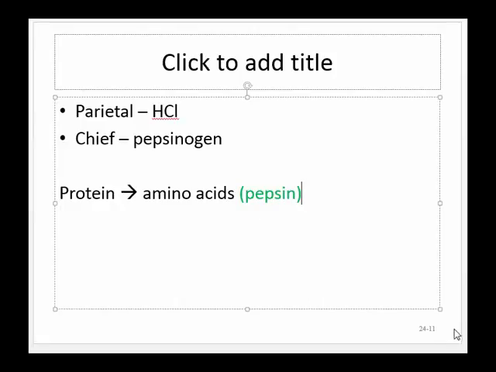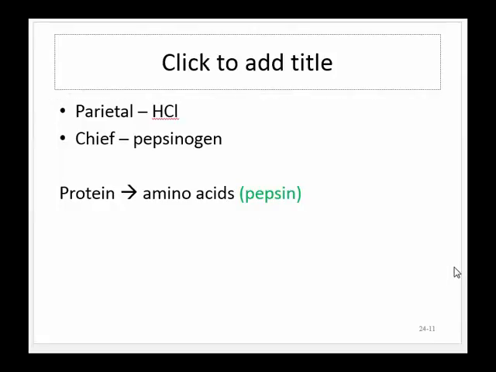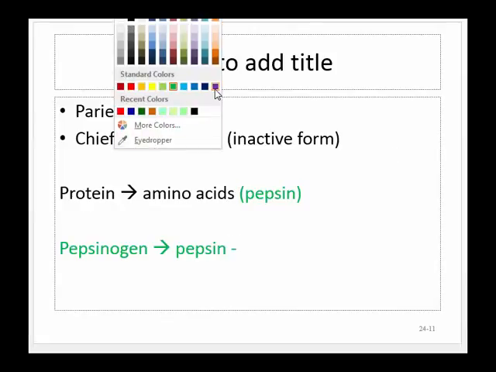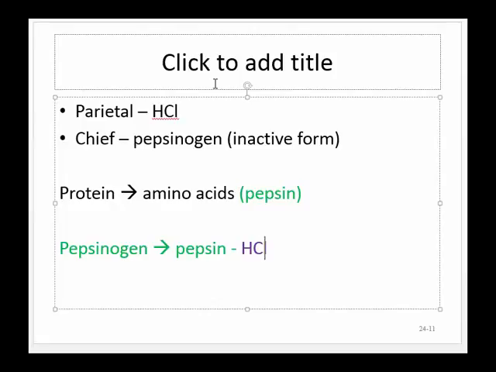Now, we don't want to just have pepsin hanging around in our body because it would break down proteins all the time. So the inactive form of pepsin is called pepsinogen. So this is the inactive form. Now, in order to go from pepsinogen into pepsin, this requires our good old friend hydrochloric acid.